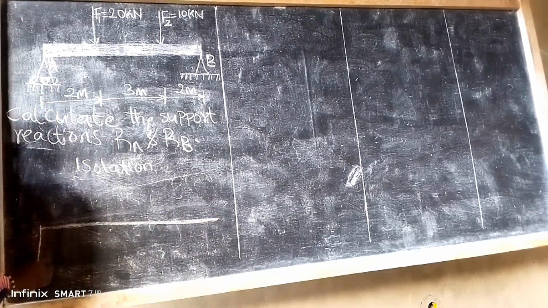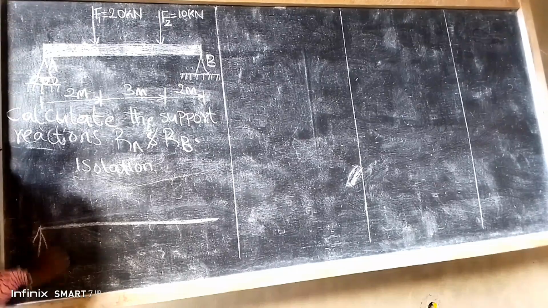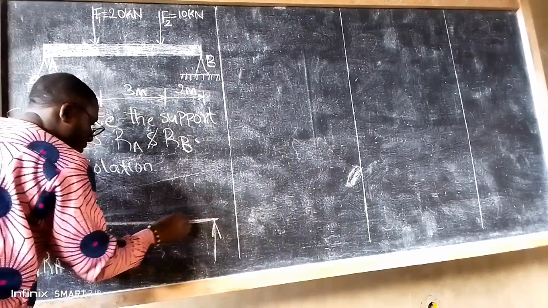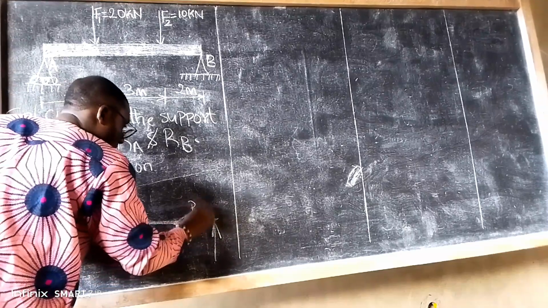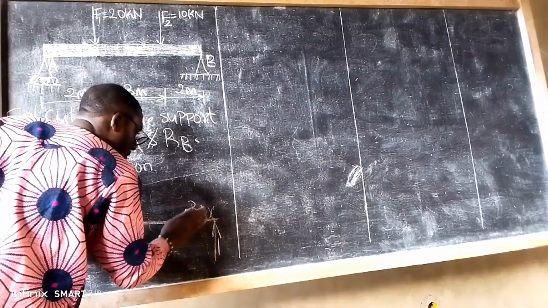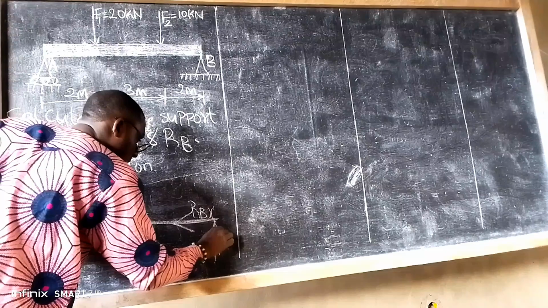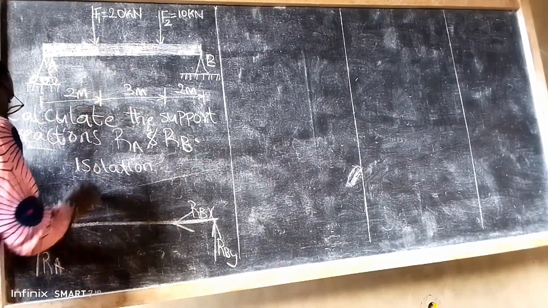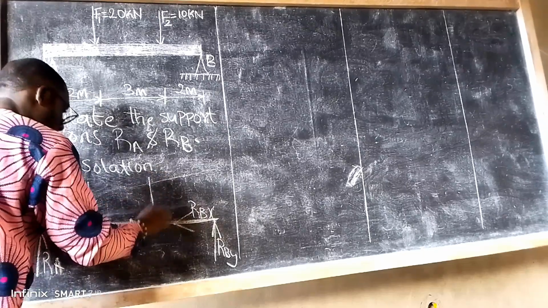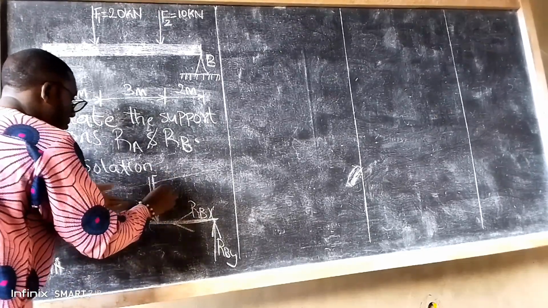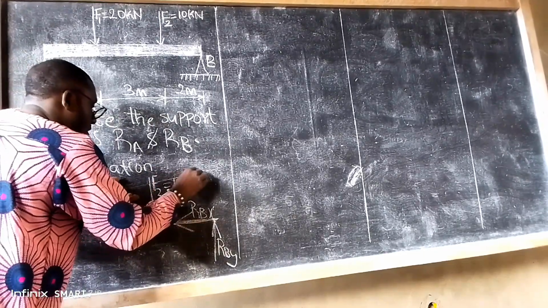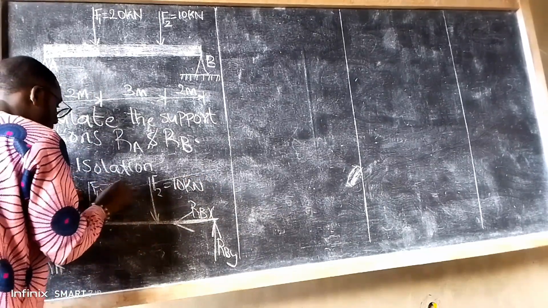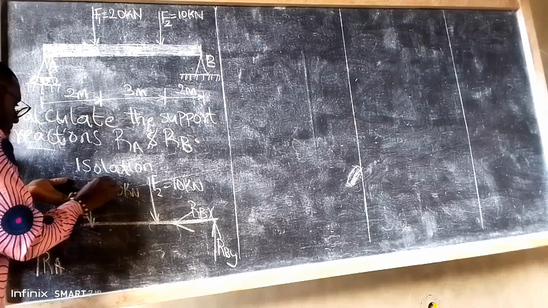Here it is simple supported. We have RA. At point B, it is articulated, meaning it has two directions. We have RAX and here we have RBX and RBY. And we have our point loads. We have F2, which is 10 kilonewton, and we have our F1, which is 20 kilonewton.